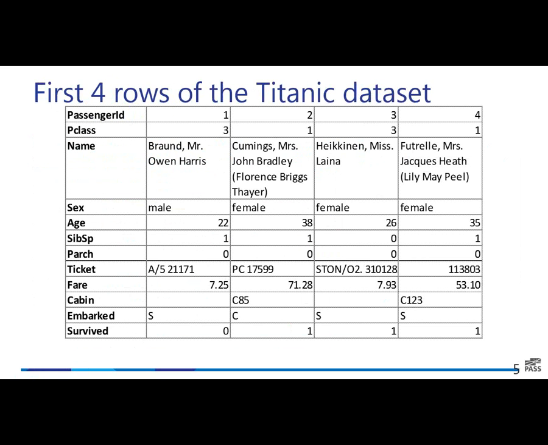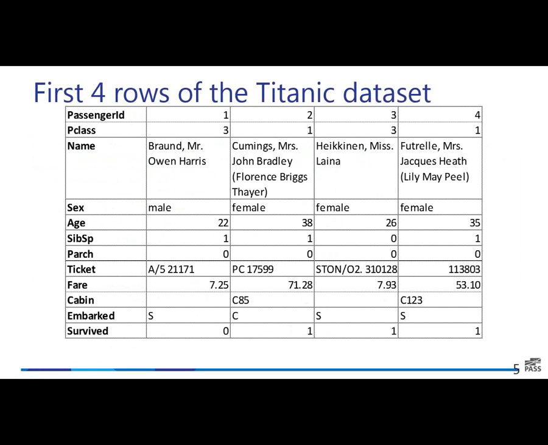So here's the data, and like all data sets, it's not exactly what we would like. First of all, in this particular data set I've got, there's only 891 of the 2,200 passengers, but there are other things that I would say were wrong with the data set. So, for example, there are some simple things. You can't see it here, but about 20% of the ages are missing, so we're going to have to think about doing something about that.